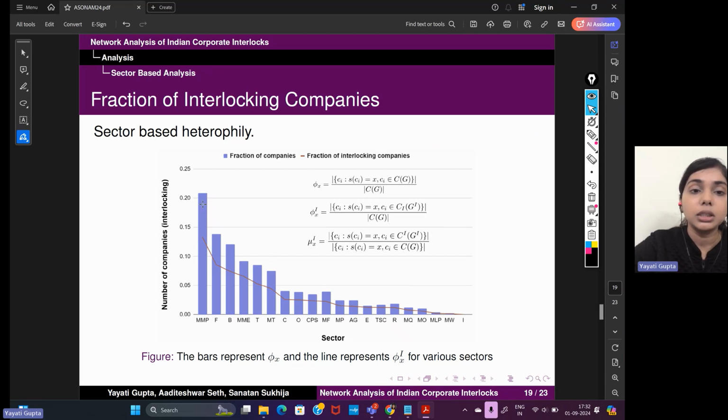The bars show the fraction of companies in a given sector, and the red line shows what fraction of them are interlocking. We have seen that almost all the sectors show a very high degree of interlocking, more than 50% for every sector, and as high as 72% for some sectors like manufacturing.